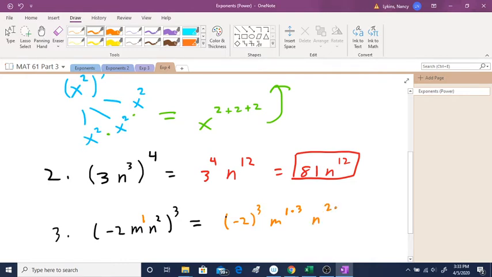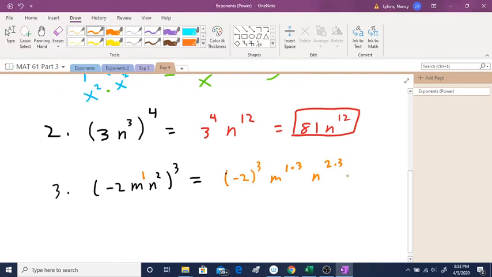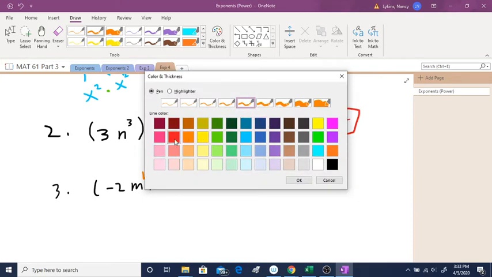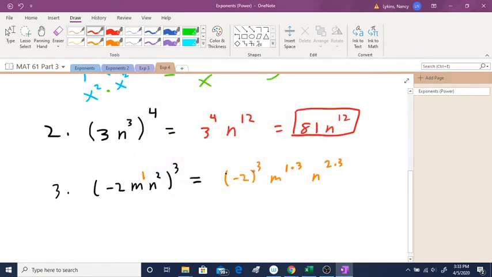N is 2 times 3. So my final answer would be, what is negative 2 to the third power? Well, since it's a negative base, the power is odd. I know it's negative, so it's going to be negative 8. M is 1 times 3, which is 3. And n is 2 times 3, which is 6.